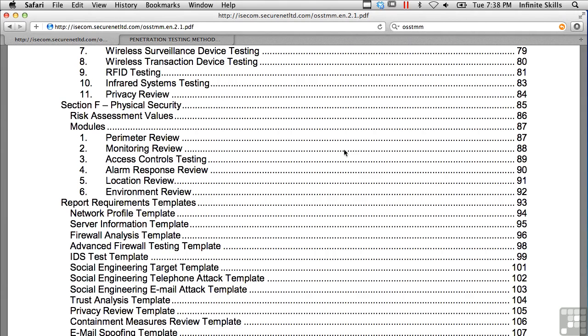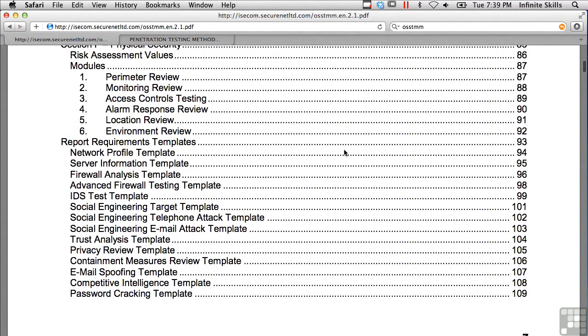This would fall under the environment review. There's things like a clean desk policy and whether people have left information up on whiteboards that could be gathered by visitors coming through the building, or whether there's sensitive documents that have been left out on people's desks.